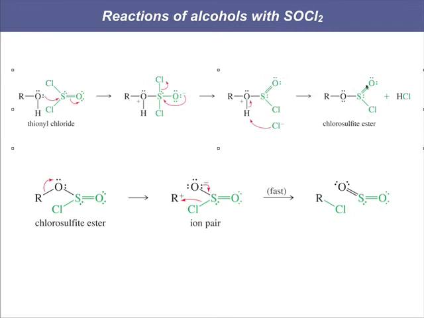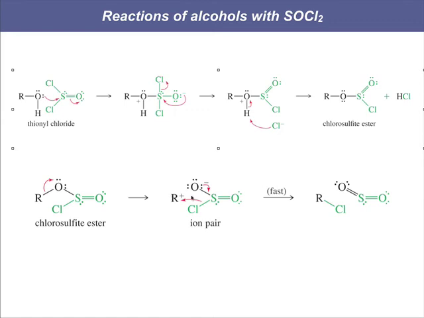The chlorosulfite ester, under a little bit of heat with relatively warm conditions, will undergo this kind of cool rearrangement. This RO bond will cleave, and the electrons will go onto the O, but that causes an ion pair.